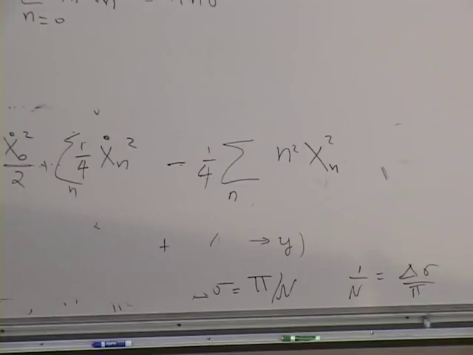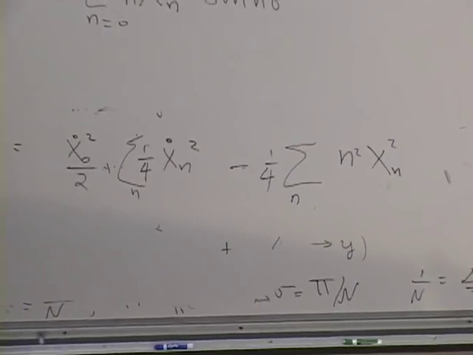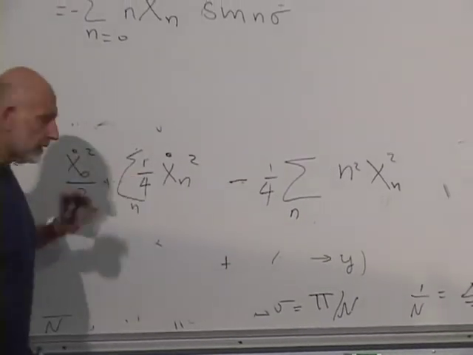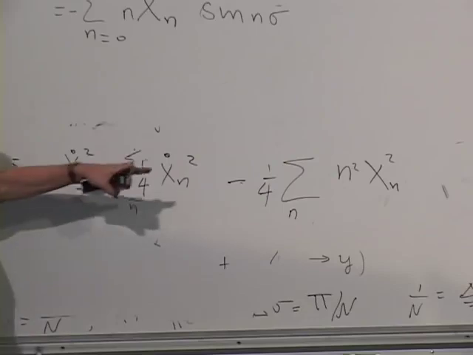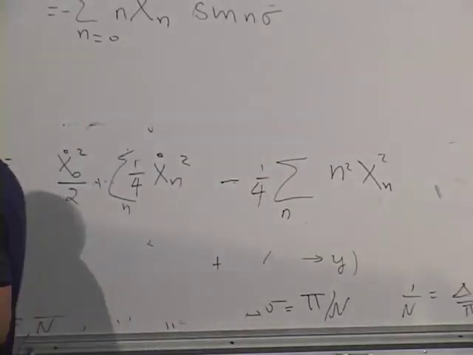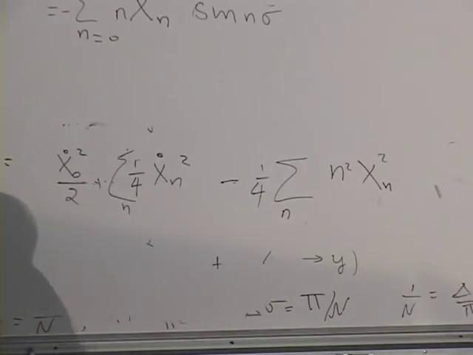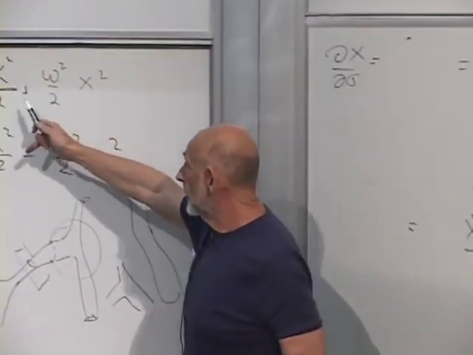Okay, so we have 3 terms altogether. The first term involves x naught. The second term involves time derivatives. It's kinetic energy. This is, of course, also kinetic energy of the whole string. And then there's something which involves x squared. Let's go back to here. This is the energy of a harmonic oscillator.